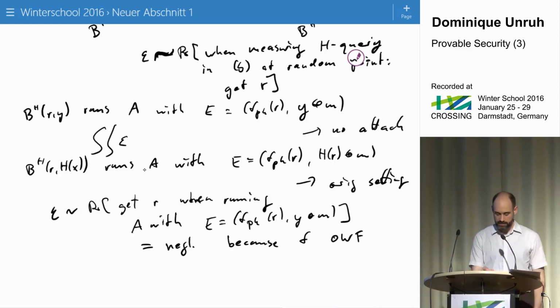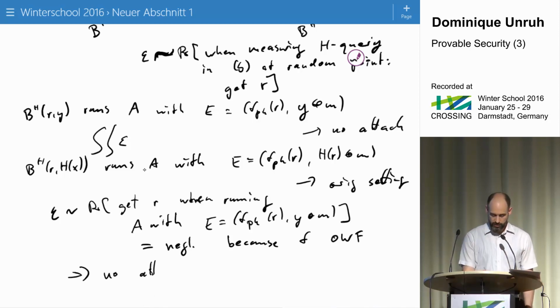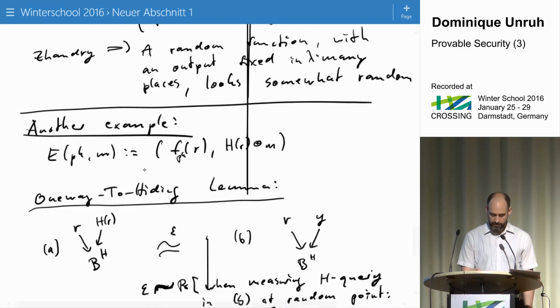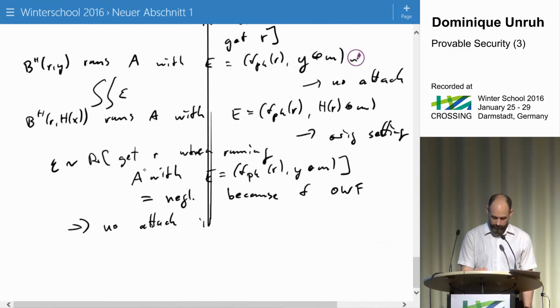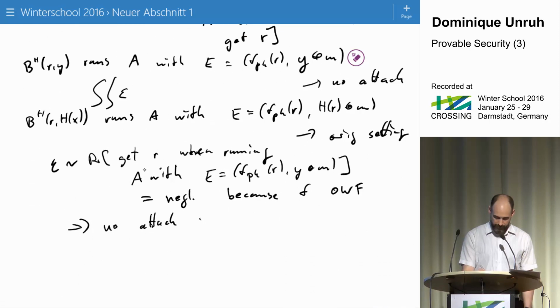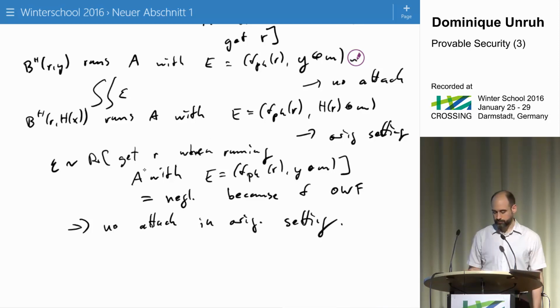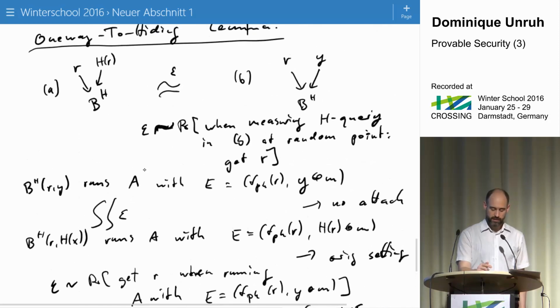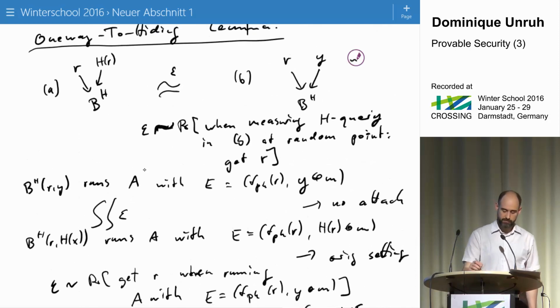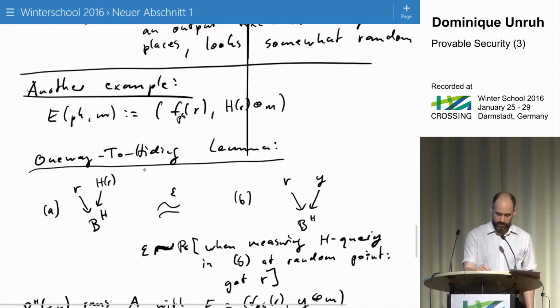And this shows that there's no attack in the original setting. And that shows the security of this scheme.